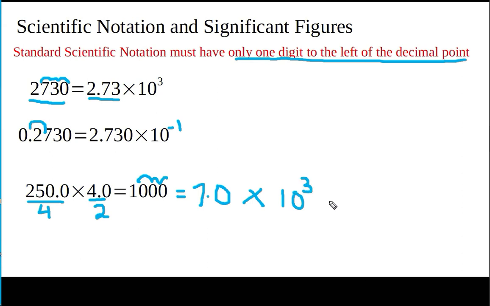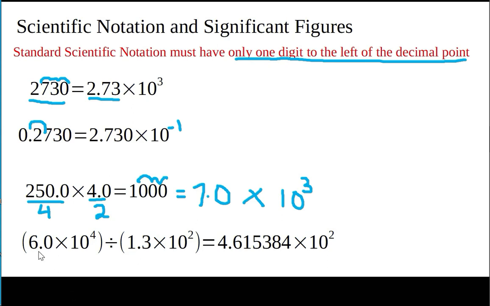I don't know whether I said it or not, but if you deal with significant figures, the 10 raised to whatever is not counted. It is not needed for the significant figures. It is not important. The only thing you have to look at is these numbers here to determine their significant figures. These exponents are ignored totally.